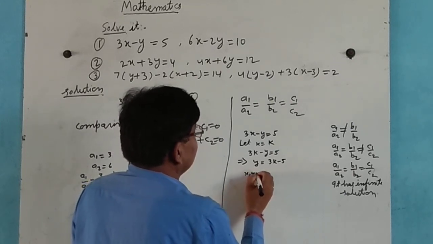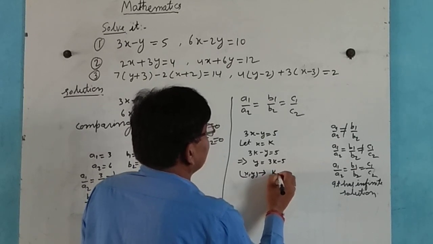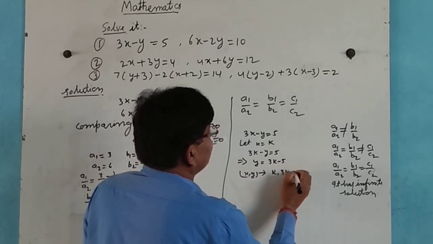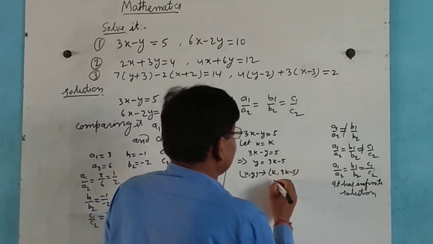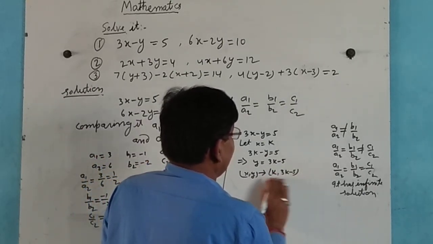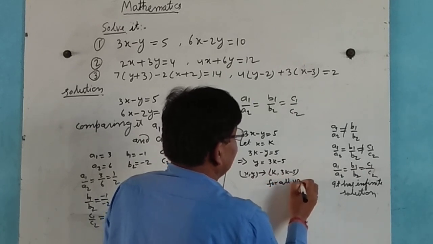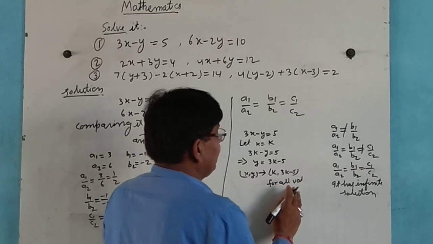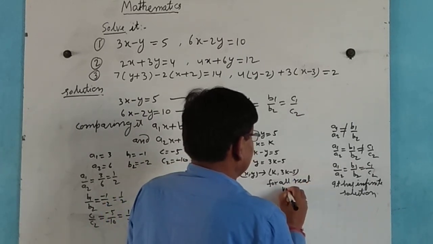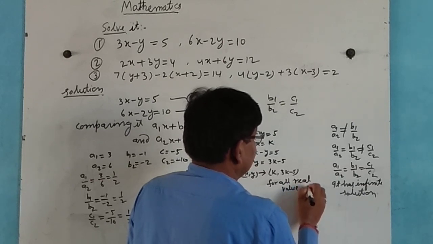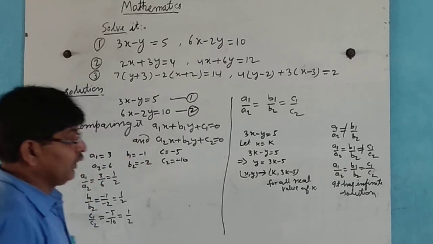So (x, y) is (k, 3k minus 5), which is the solution of this equation for all real values of k.